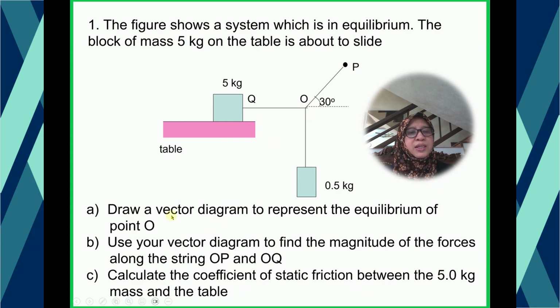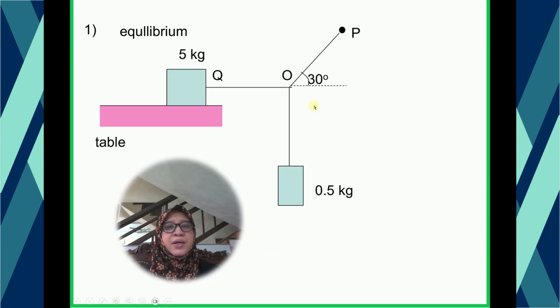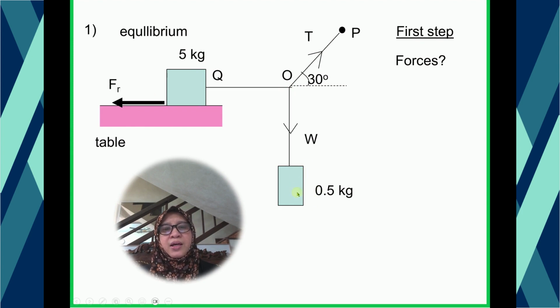Okay, so for question A, we draw a vector diagram. First step, we determine all the forces that act at point O. So we have tension in the string OP. We have frictional force by the 5 kg object with the table, and we have weight by the 0.5 kg object.